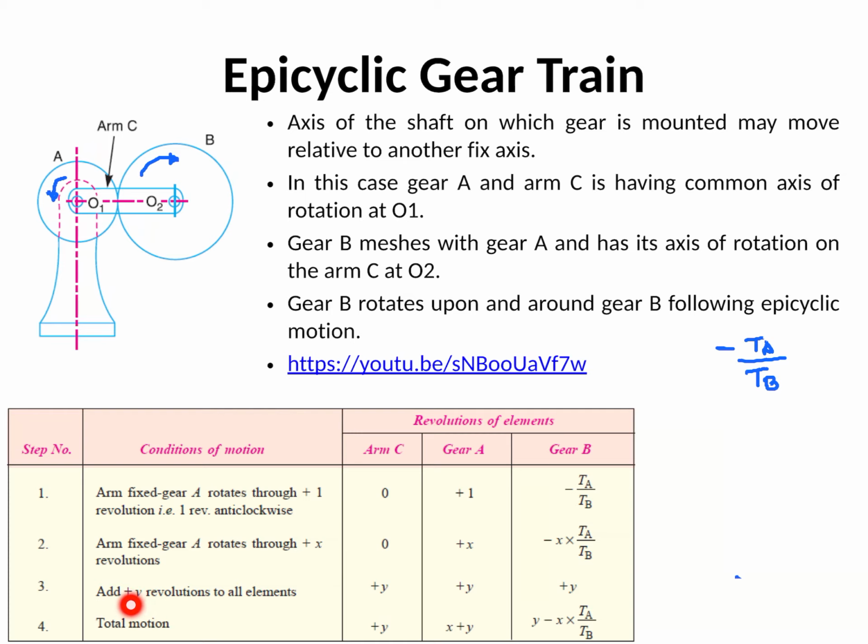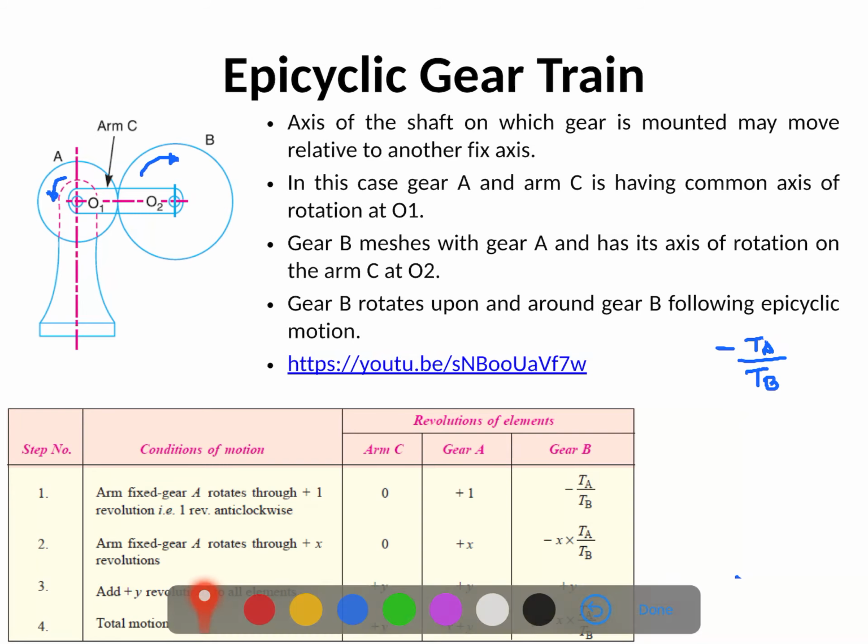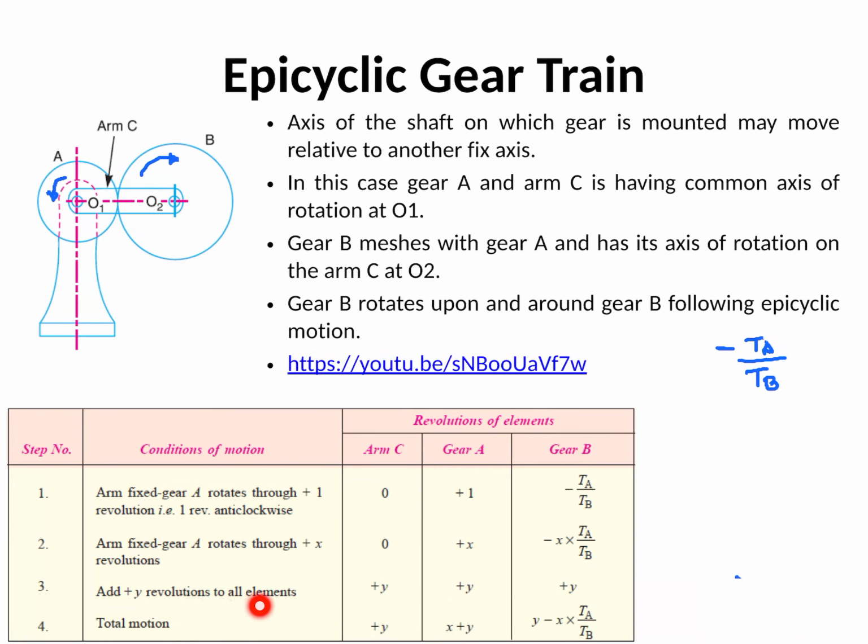Now we will add plus y revolutions to all the elements. There are three elements over here, that is gear A, gear B and arm C. So we will add a plus y revolution to all of them: arm C plus y revolution, gear A plus y revolution, and gear B again plus y revolution.